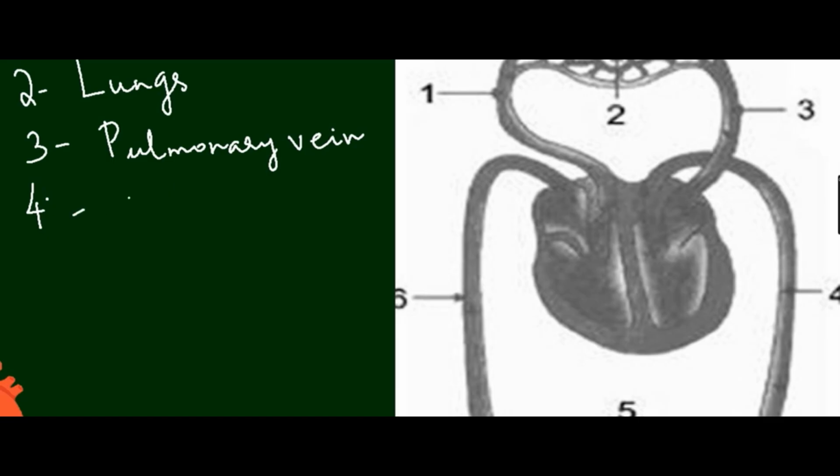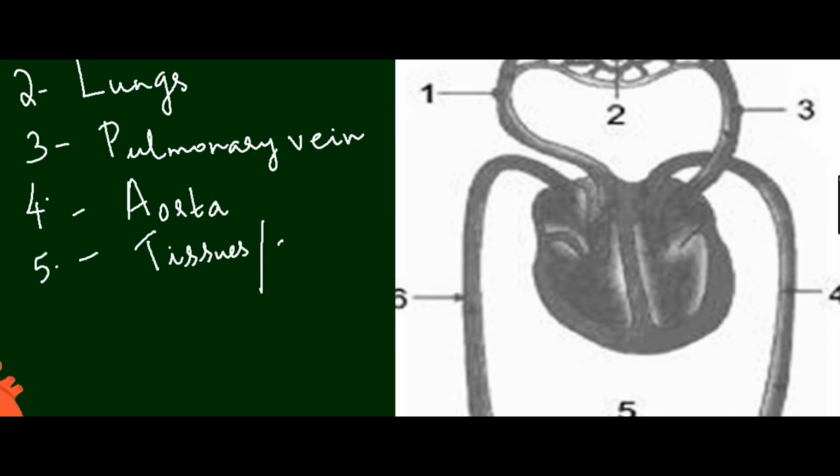And part 4 is the aorta. The aorta carries oxygenated blood from the left ventricle to all parts of the body.